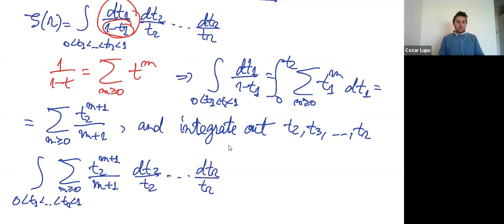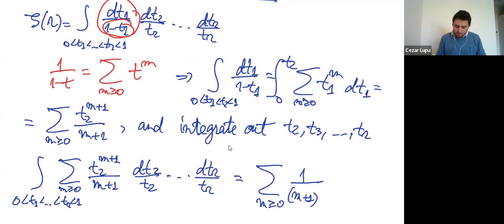Now I'm just going to integrate, and this will give us nothing else than the sum of 1 over m plus 1 to the power r, which is nothing else than zeta of r. Anyway, the proof is pretty easy.